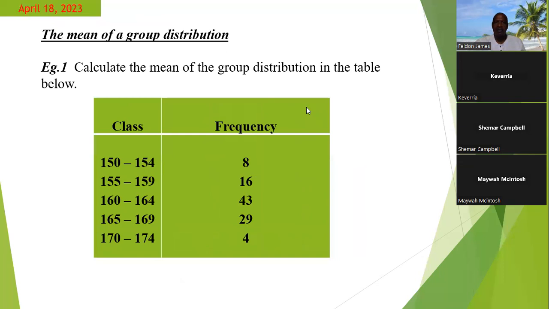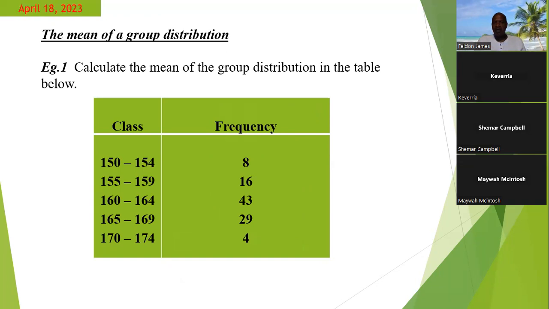Now look at this distribution. This is a group distribution table. And so we need to calculate the mean just as before, but now we're dealing with classes instead of just single X values, all right? Now, for each class, we need a single value to represent the class.